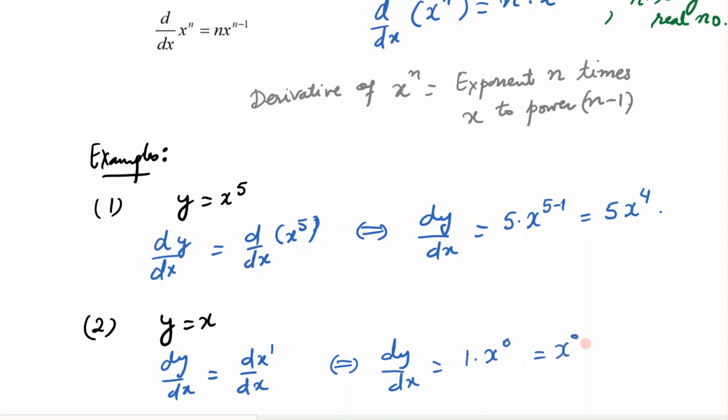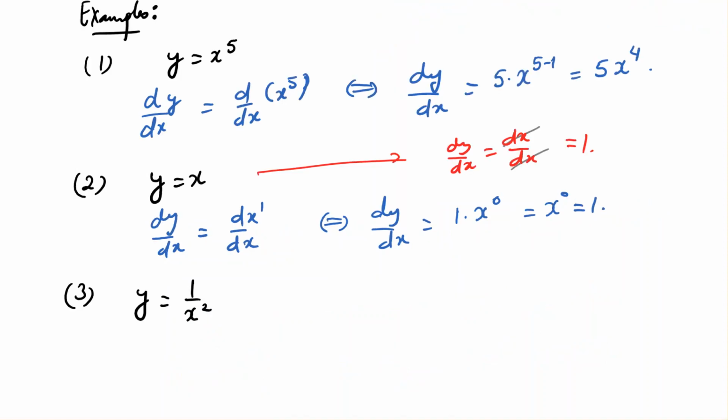So x raised to power 0, which is just 1. Or in other words, you can think of this as dy over dx equals dx over dx. You notice that these differentials cancel each other and we get 1. Either way, whether you use the power rule or just do the cancelling, you get 1. So the derivative of x is 1.